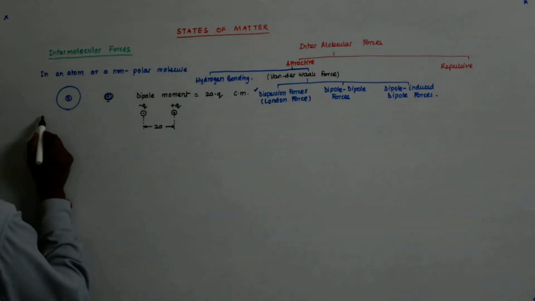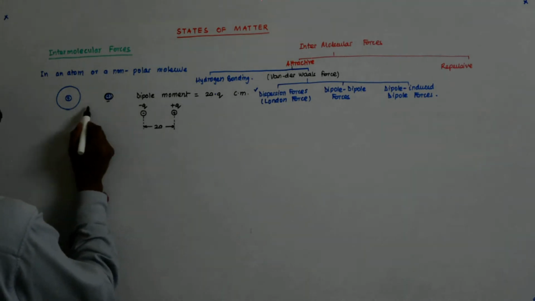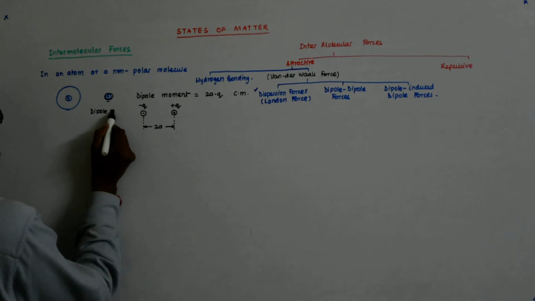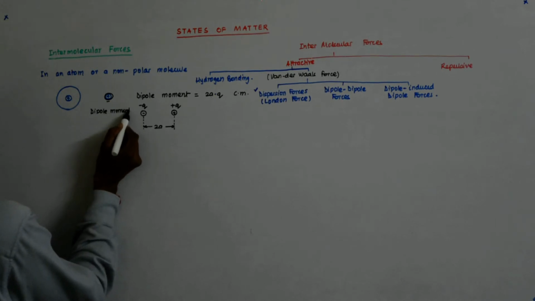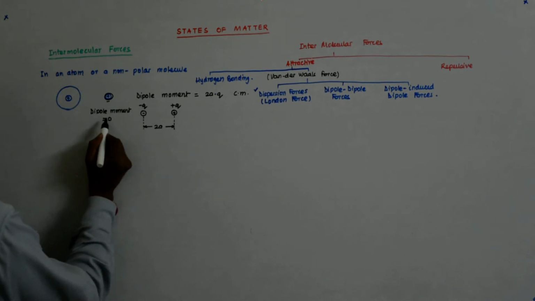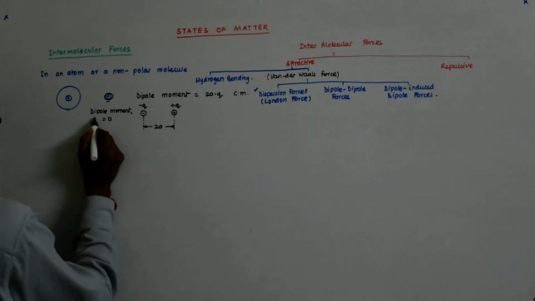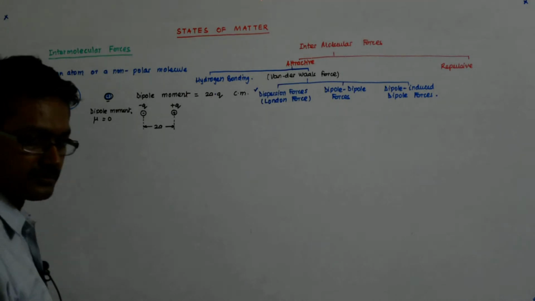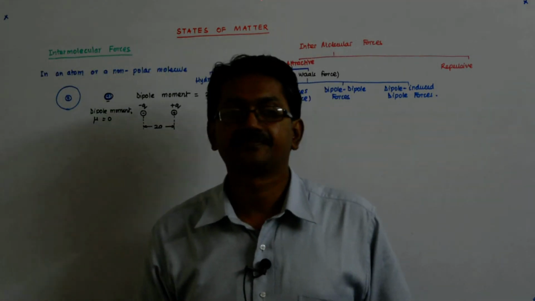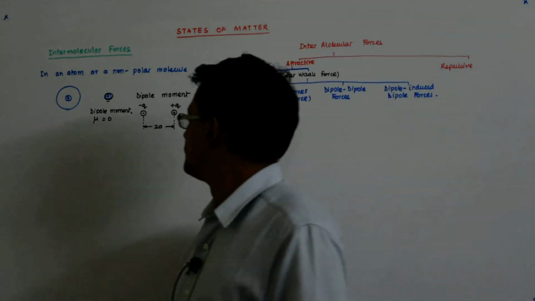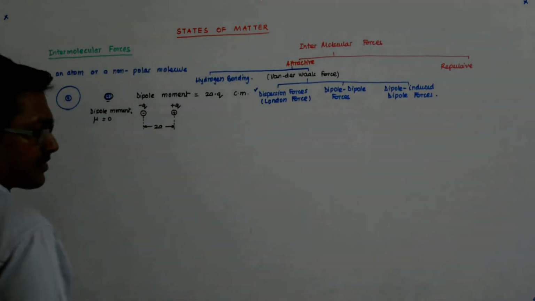So here the dipole moment is equal to 0, and we know that it is denoted by mu. Its unit is debye.